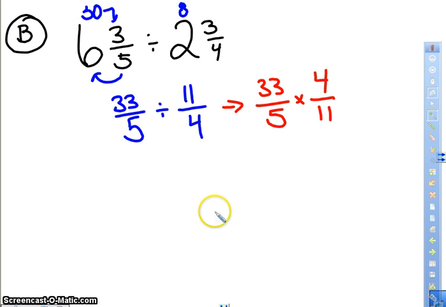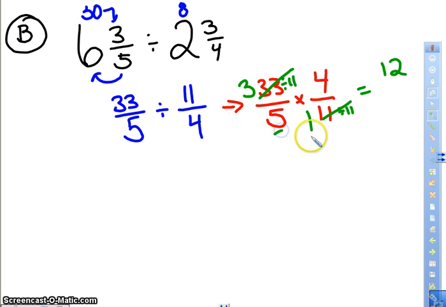Okay, I'm going to cross reduce. There's nothing that can go into 5 and 4, but what can go into 33 and 11? Well, 11 can. Make sure you're dividing by the same number. So 33 divided by 11 is 3. 11 divided by 11 is 1. Okay, at this point we can multiply. So I have 3 times 4, which is 12.